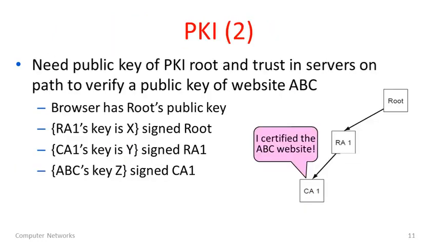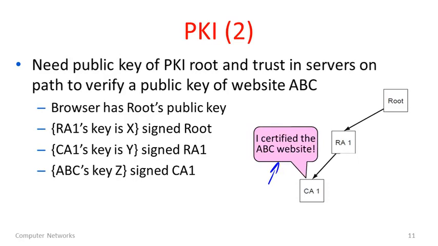So the question is how we can verify the information that we receive in a certificate. Say you're a web browser, and you want to contact the ABC website, and you receive from CA1 this information about the ABC website that tells you its public key. Great, you know the public key, except you haven't yet verified that it's correct, and you want to do that to make sure you're talking to the right party. So how does the browser do this?